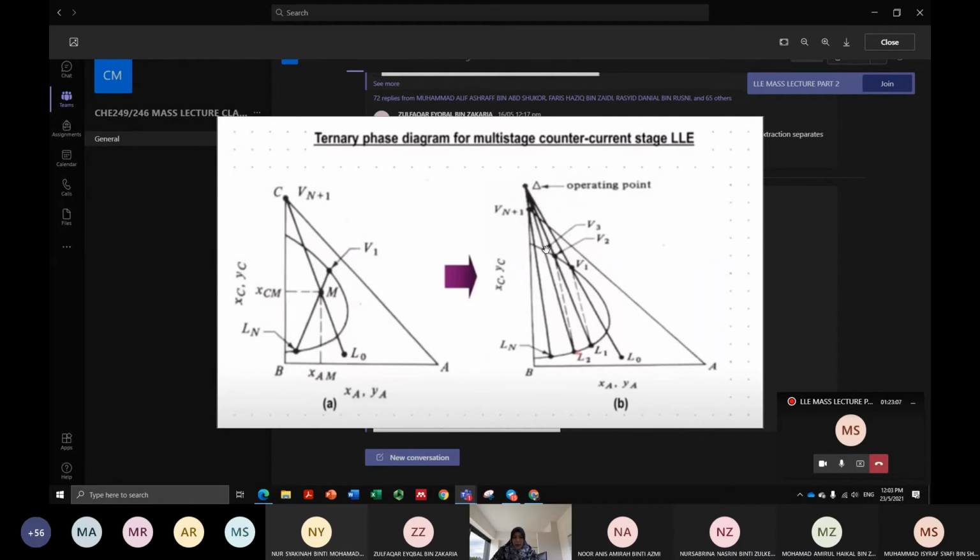So now mula semula daripada V3 turun ke bawah, straight line downward, horizontal line, and then straight vertical line upward until it reaches the equilibrium curve, then you get your L3. From L3 pergi dekat operating point, dapatlah V4. Bila nak berhenti?